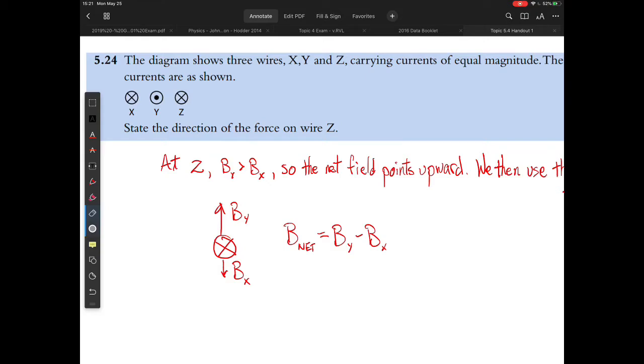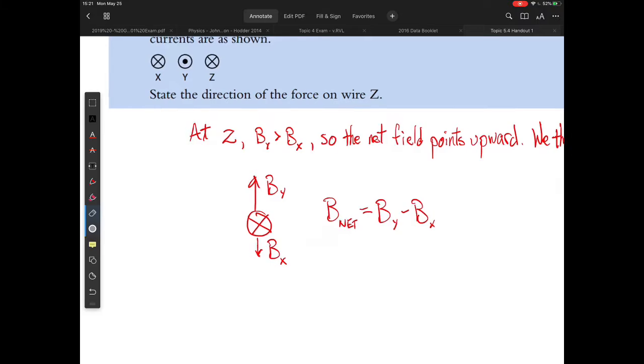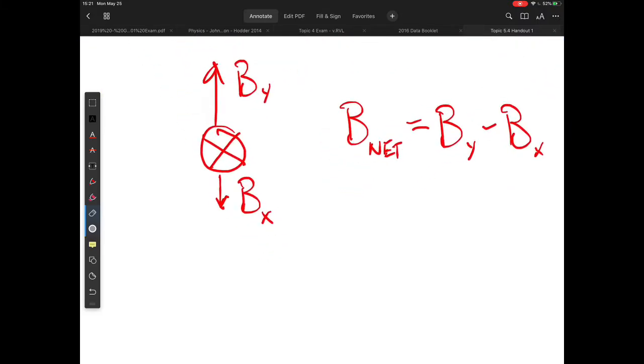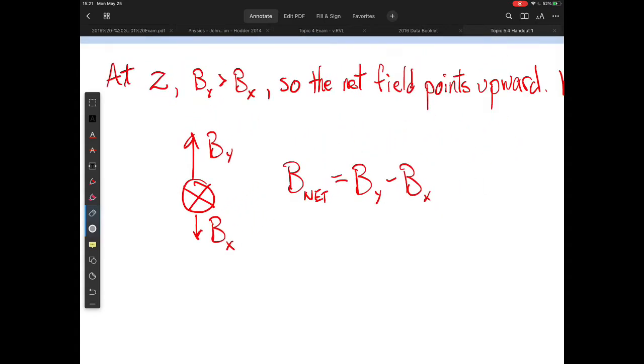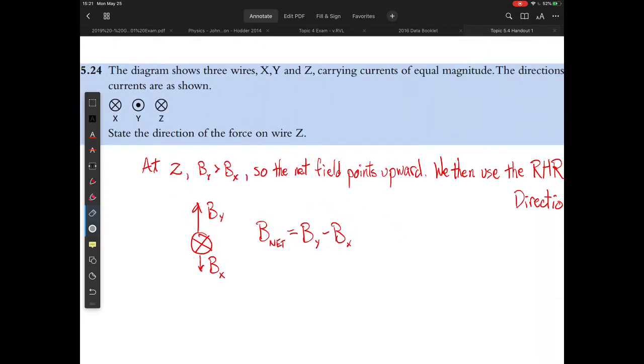We know that because the currents are of equal magnitude, but wire X is further away than wire Y. So what that means is the field from wire Y is going to be greater than the field from wire X.